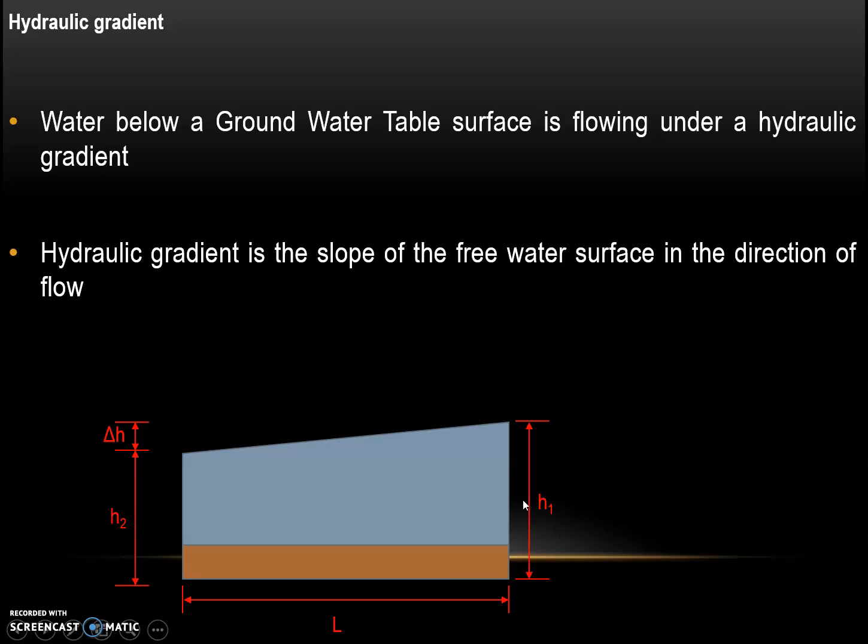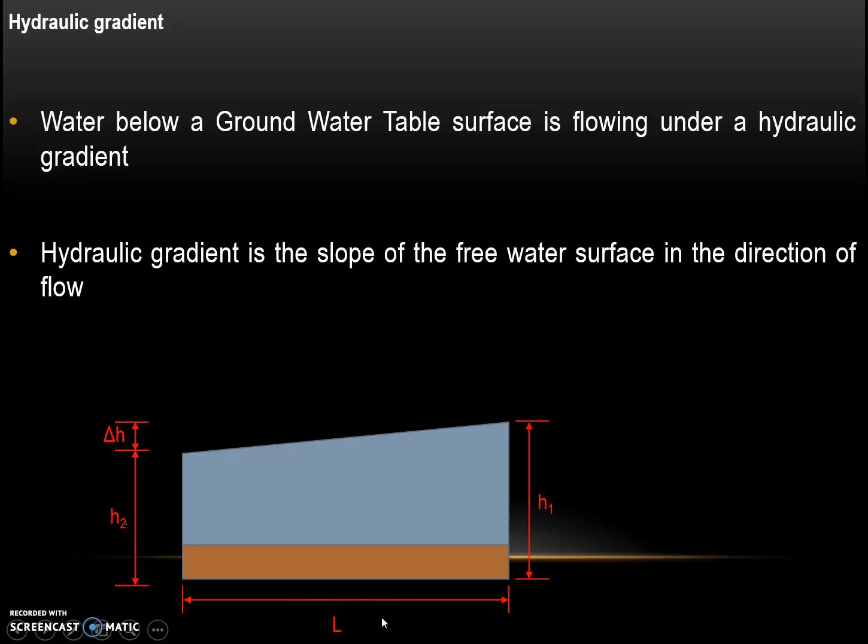So we had seen that at point A, the total head was HA, which can be written as H1, and the total head at point B will be HB or H2. So as the water flows from high energy point to low energy point, we will find out what is delta H. So head loss, that is delta H, is equal to H1 minus H2.